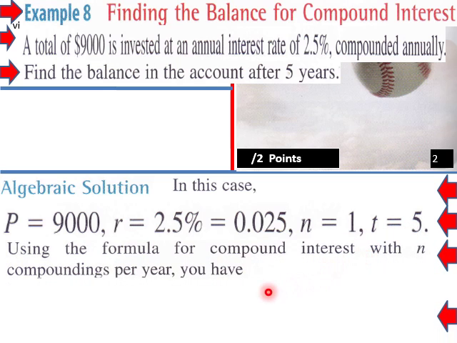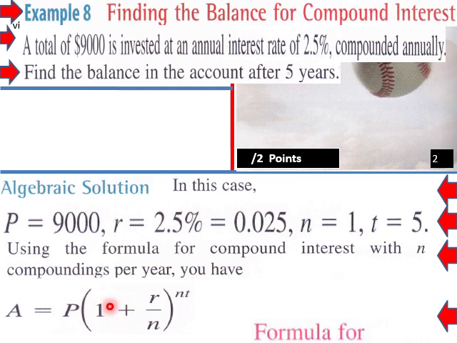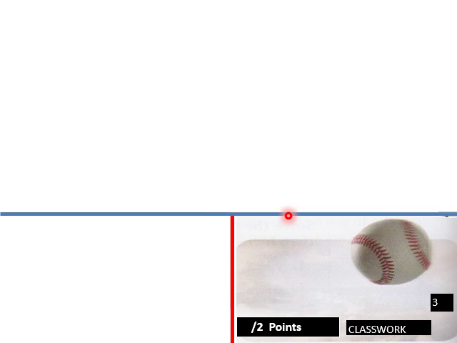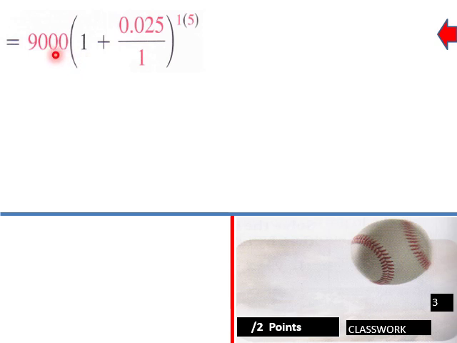So what that would look like when we plug that into our formula for compound interest, n, remember, is 1, t is 5. So when we plug that in from our previous formula, we have 0.025 over 1 to the 1 times 5. And then inside here, we have 1 plus this amount.